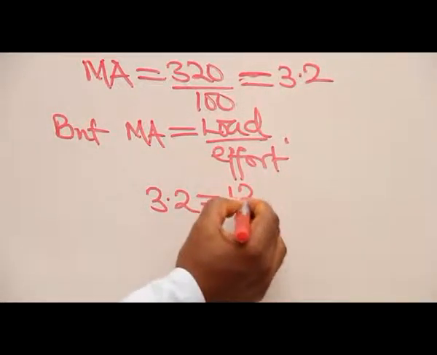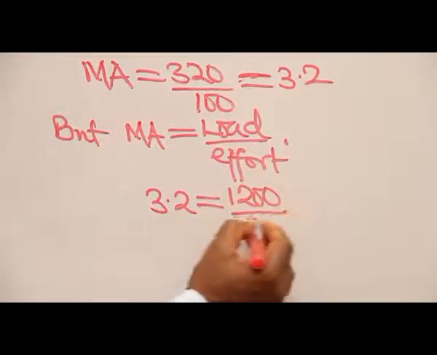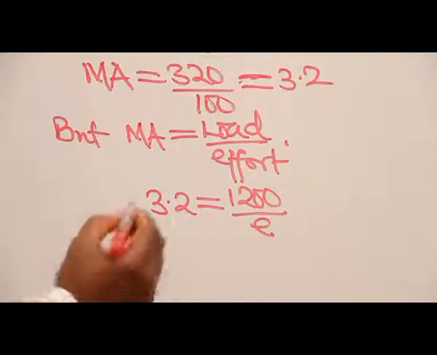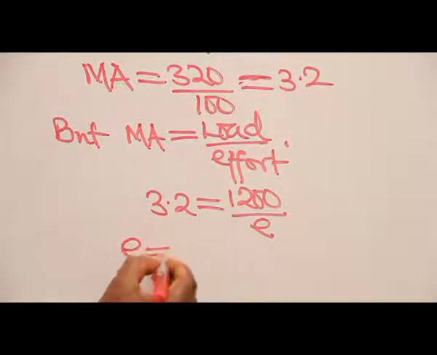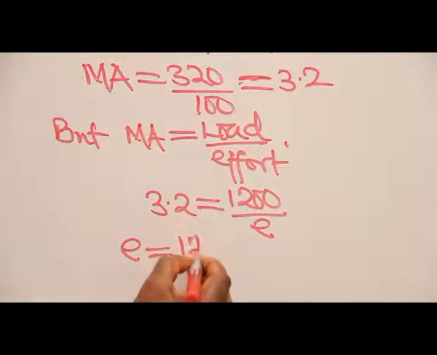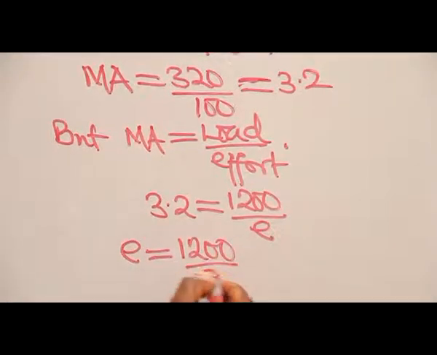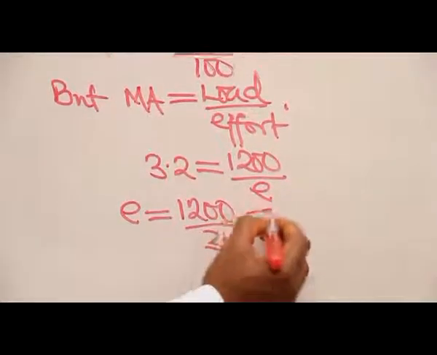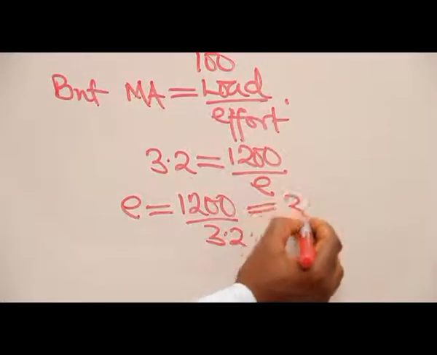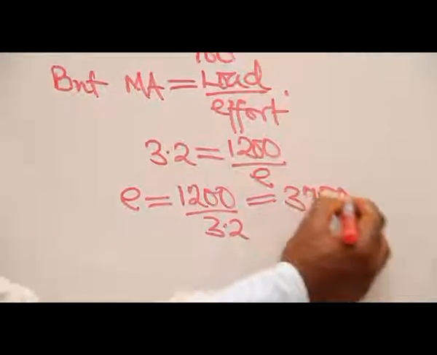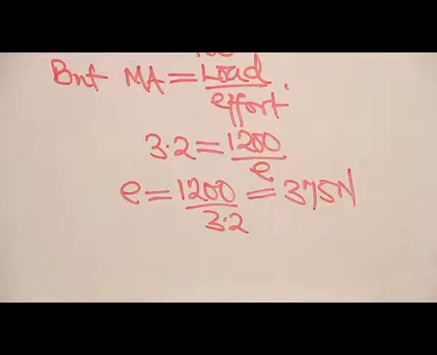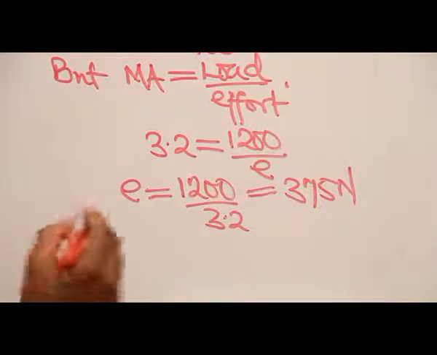Our load 1,200 divided by the effort. In which case the effort becomes 1,200 divided by 3.2. Then the answer comes out 375 Newton. With that answer, option C is correct.